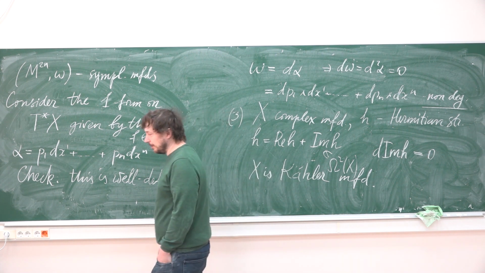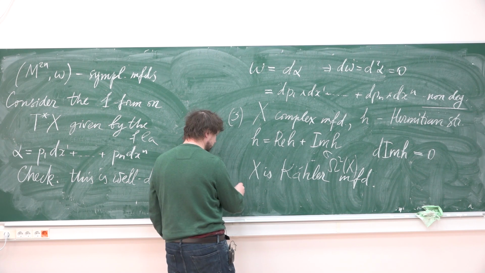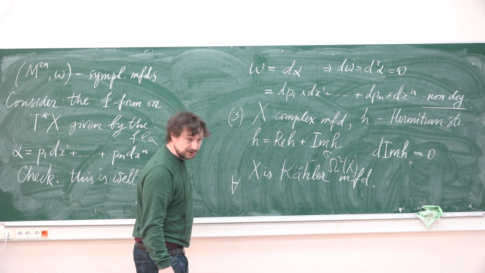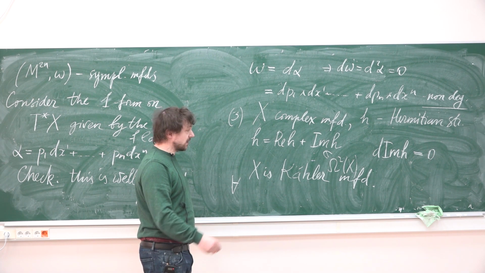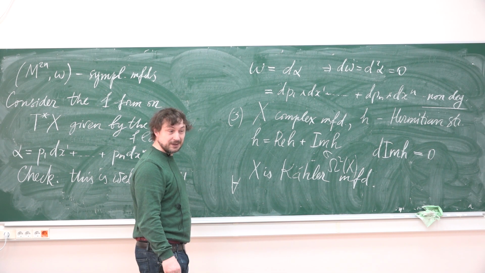There are plenty of examples of Kähler manifolds. For instance, every complex manifold of complex dimension 1, a complex curve, is Kähler just because there are no differential forms of degree 3 and higher.